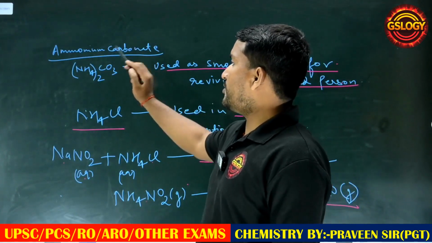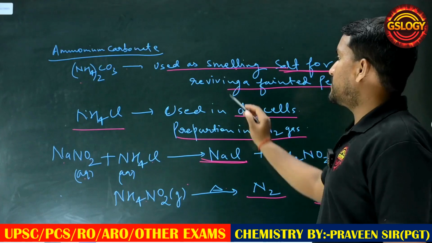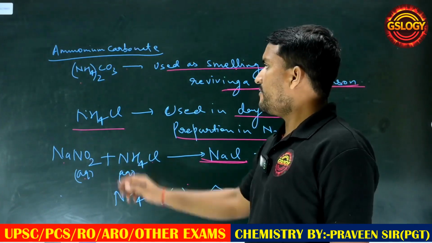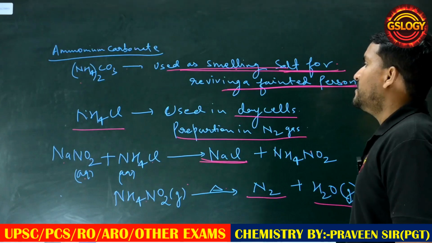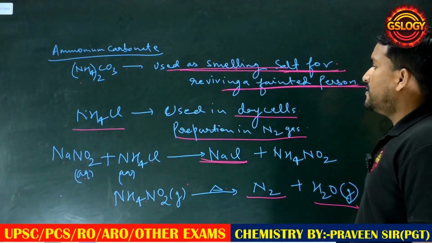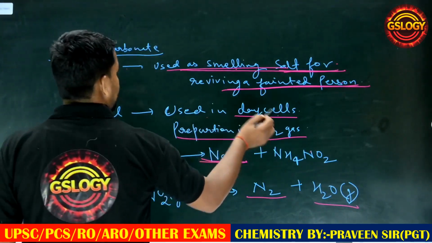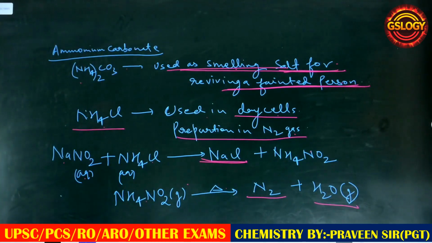Next, ammonium carbonate is used as a smelling salt for reviving a fainted person. And next, ammonium chloride is used in the dry cell and in the preparation of nitrogen gas.